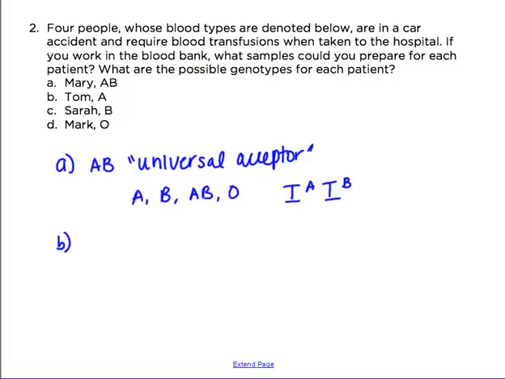For Tom, he's blood type A, which means that he has antibodies against B, so he can receive either A blood or O blood. Now he, with blood type A, could be either big I A, big I A or big I A and little i, and that's because the big I's are always dominant to little i.